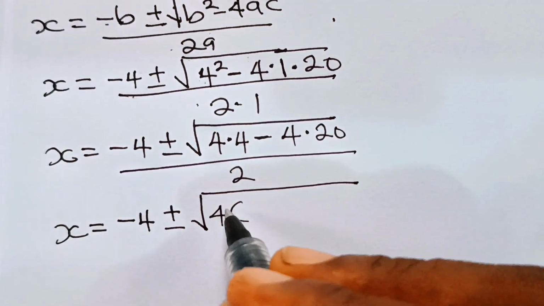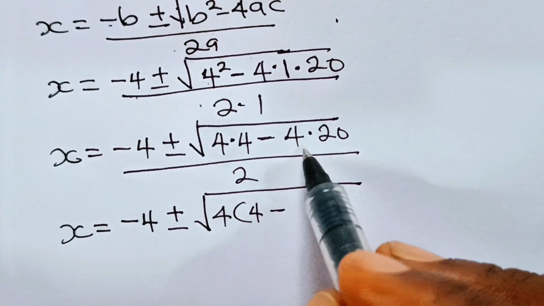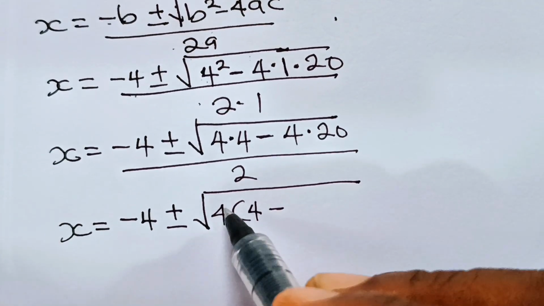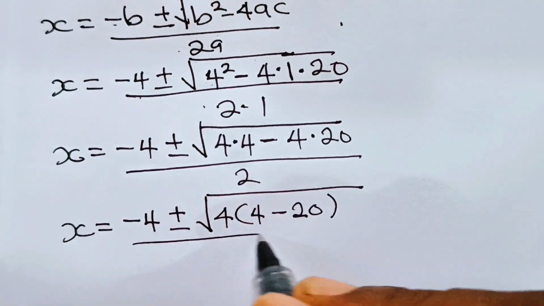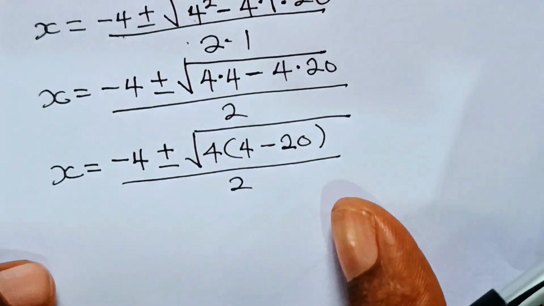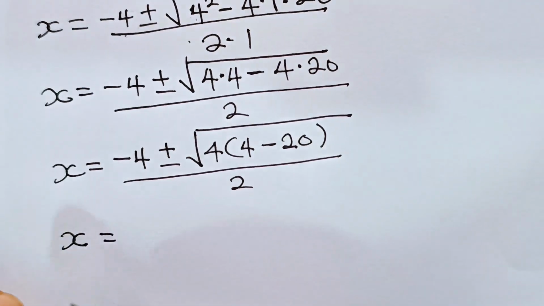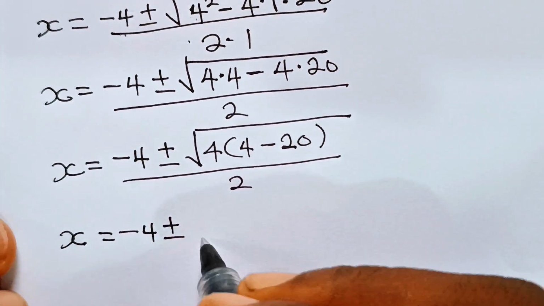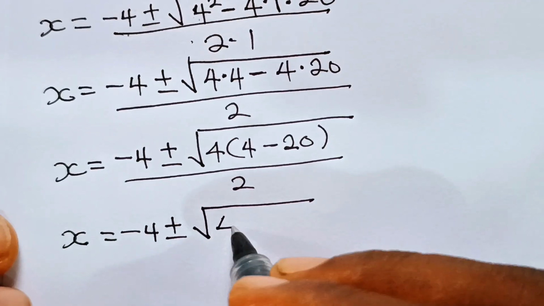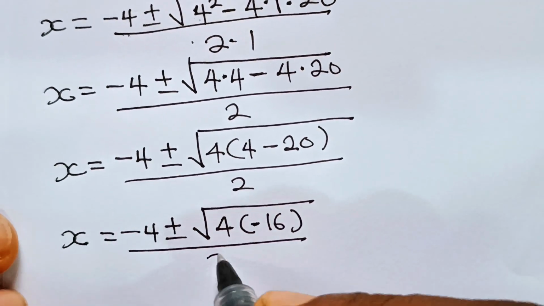When this is divided by 4, we are left with 1 4 minus. When this is divided by 4, we are left with 20. Okay? Now everything divided by 2.